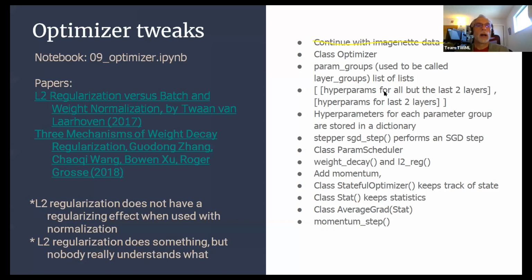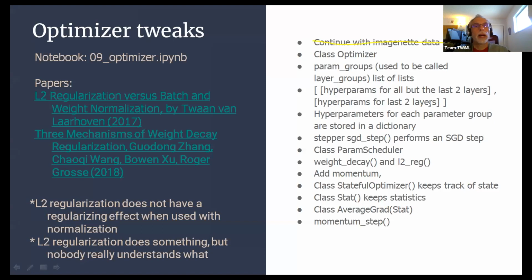The structure of a layer group is a list of lists, and I've got it written down here. It's basically a list that has 2 lists in it. The first list is the hyperparameters for all but the last 2 layers, that is the deeper layers. And the second element in the list is the hyperparameters for the last 2 layers.